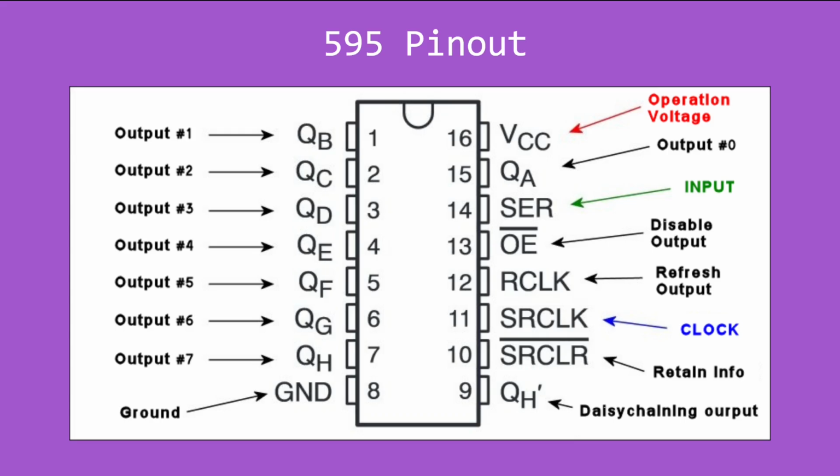You've got your serial input. You have the ability to turn on or off the output. You've got a reset, which refreshes the entire chip. You've got your clock, and then you have your clear. The way they have these labels sometimes is a little weird. And then you've got your serial out for cascading.